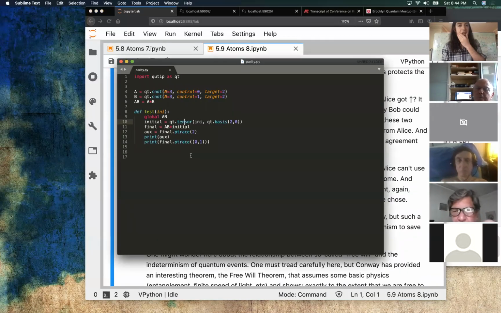I don't want to compare two states where both of them are up or one is up and one down. I want to compare two states where one of them is a linear superposition, 50-50, up and down. The other one, I don't know. It may be a superposition of up and down, or it may be a pure state.